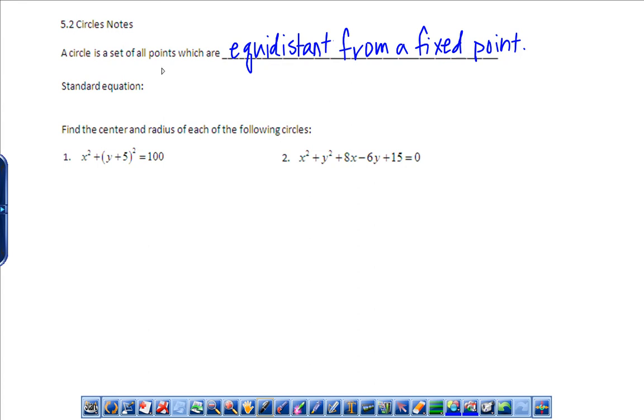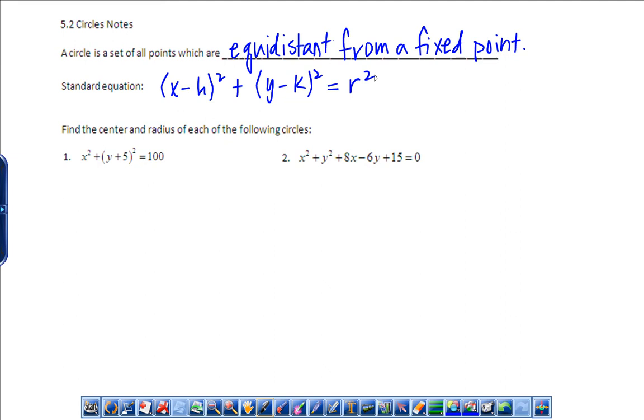Okay, so if we have our standard equation, this is the equation we're going to be working with the whole time. We have in parentheses x minus h, that's the quantity squared, plus the quantity of y minus k squared, and that is equal to r squared.